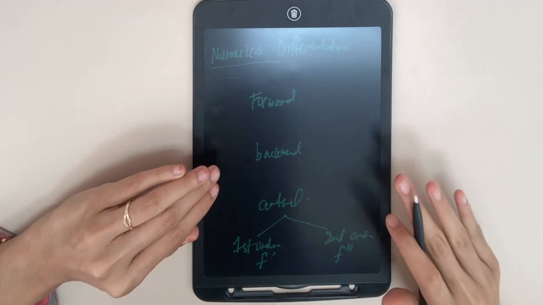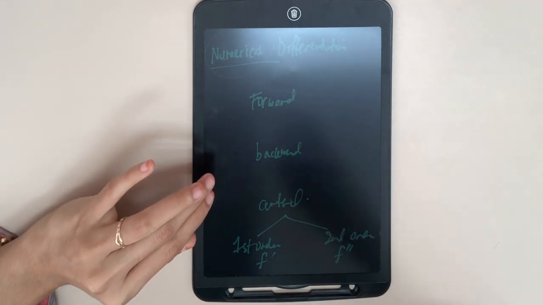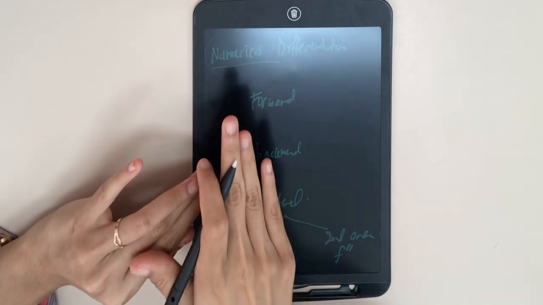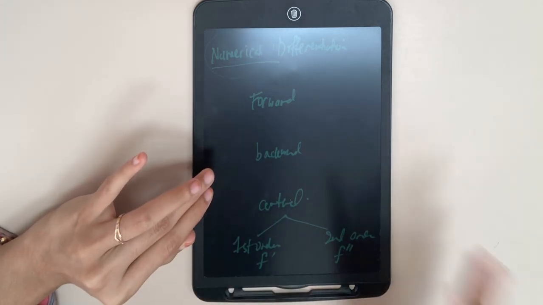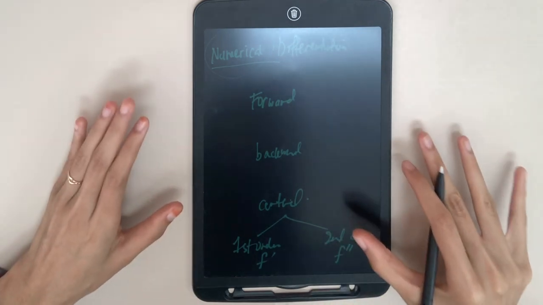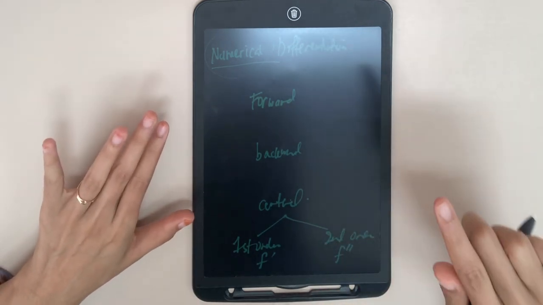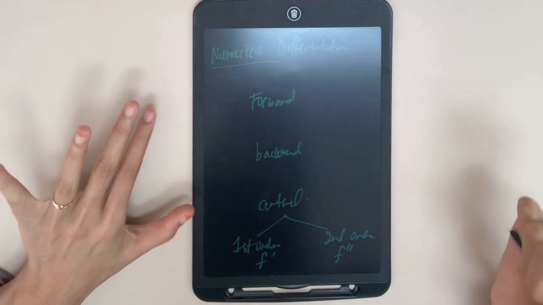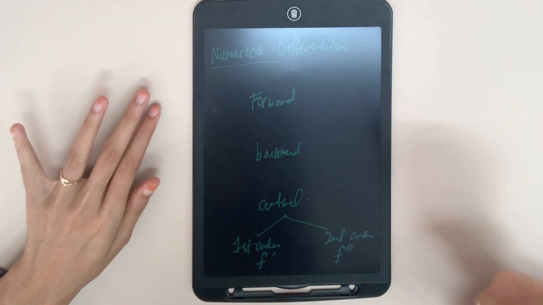But each has a different equation. So now the total that you need to know is 6. Okay, 6 formulas. Okay, then what else?